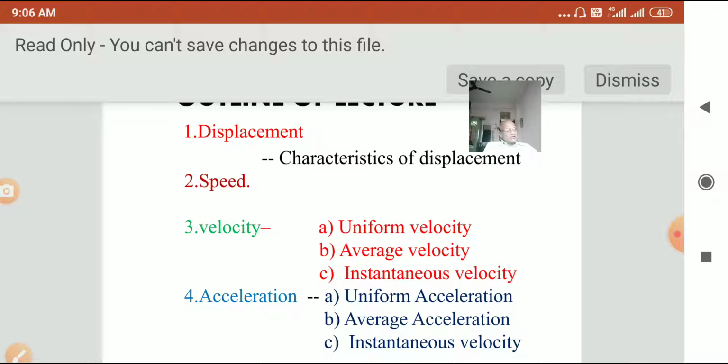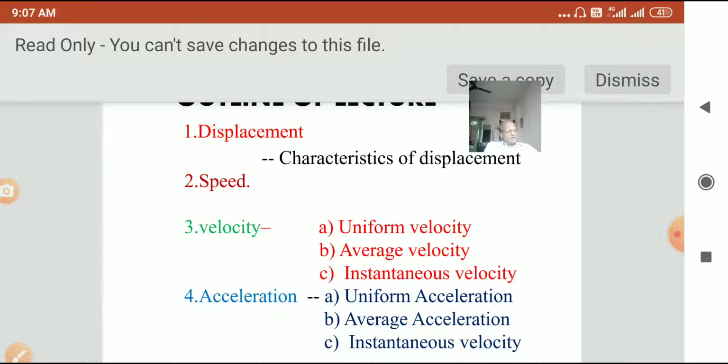Now there are two types of inertia, inertia of rest and inertia of motion, because a body has two states, that is state of rest and state of uniform motion. Inertia possessed by a body when it is at rest, we call inertia of rest. For example, consider a body lying on a plane surface.